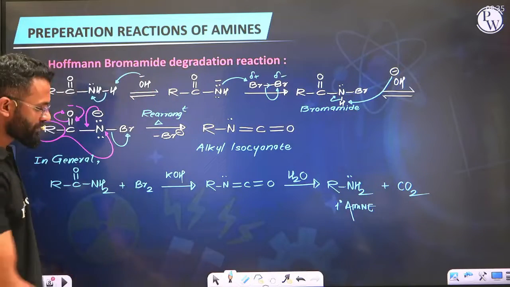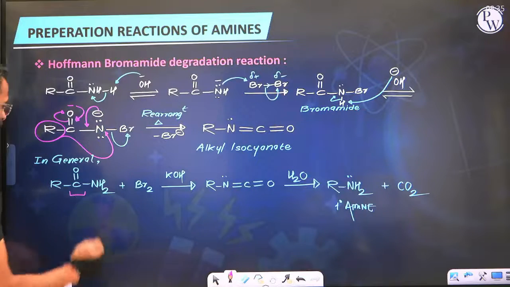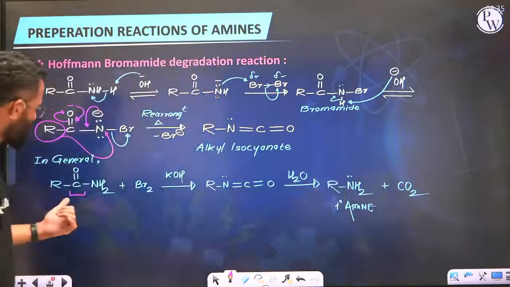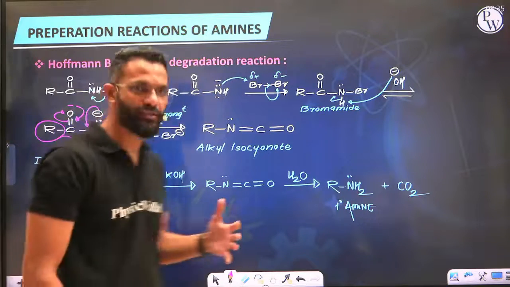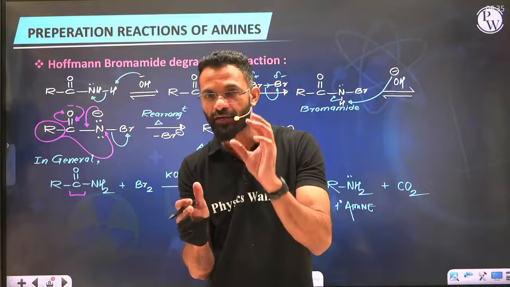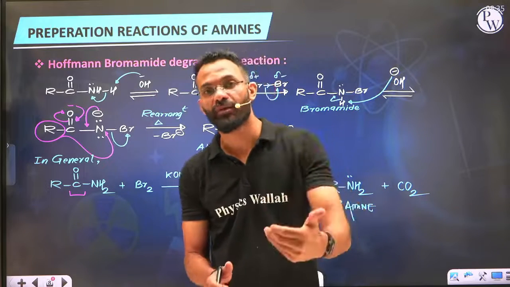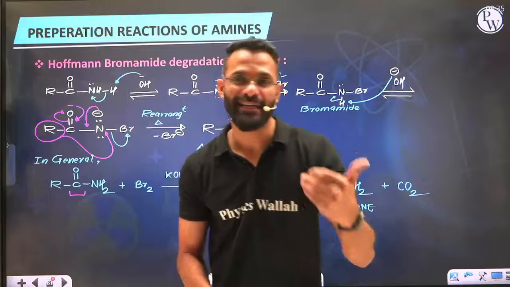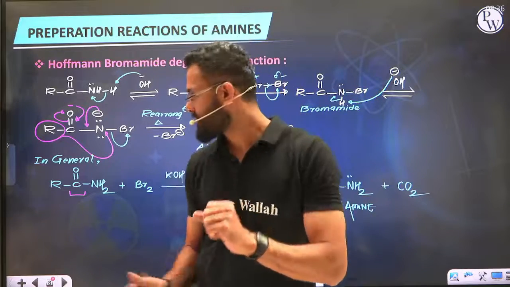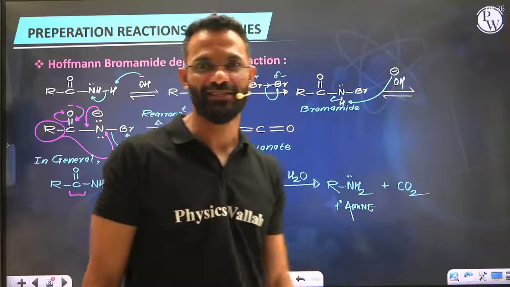So in general, if you see the change, from an amide, this carbonyl carbon is being lost, you're directly getting an amine. Hence, whenever you see amide has been given, and along with that, if they give you Br2 plus KOH, which means they're talking about Hofmann bromamide degradation, you can consider that directly one carbon atom would be lost from the starting amide to give you a corresponding amine having one carbon atom lesser.